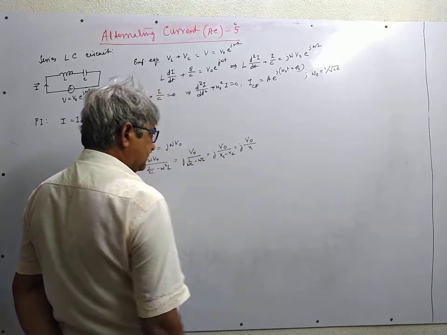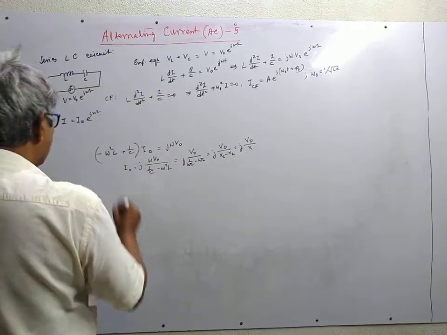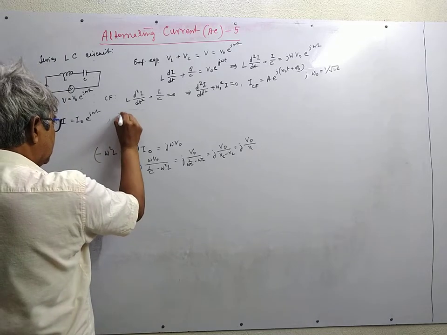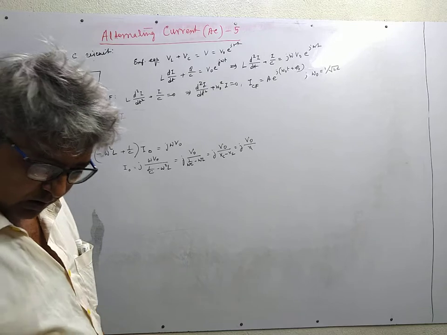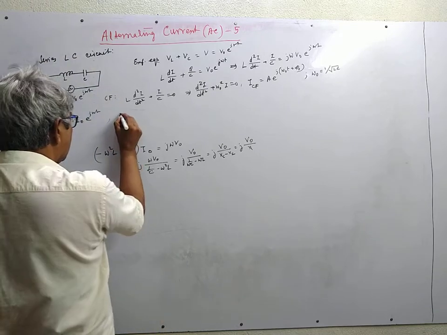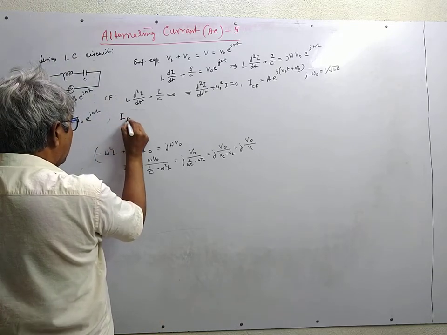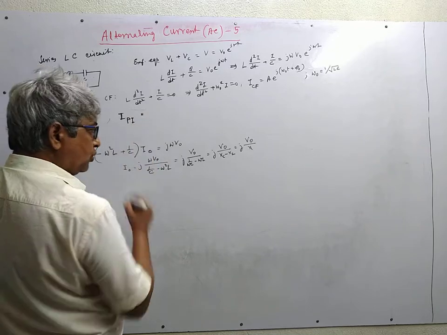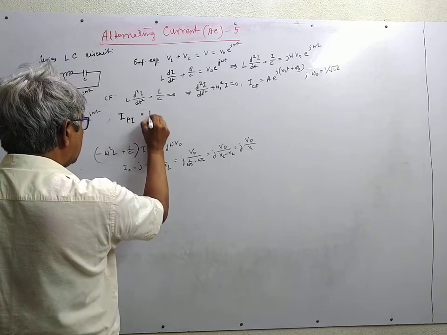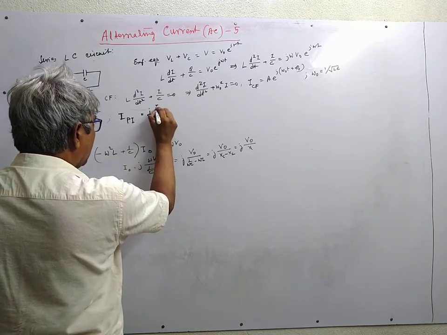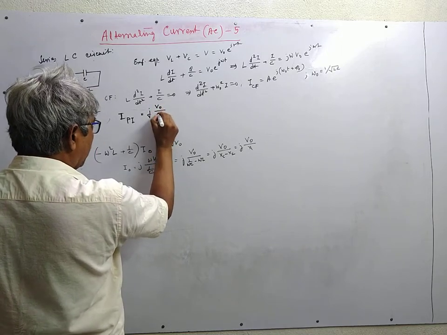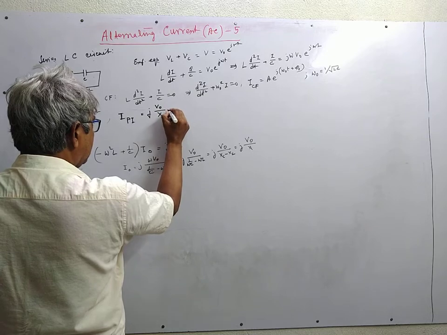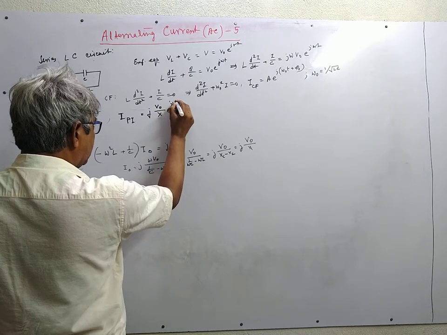where X is this. So we write the summary over here. IPI is equal to j V0 by X e to the power j omega t.